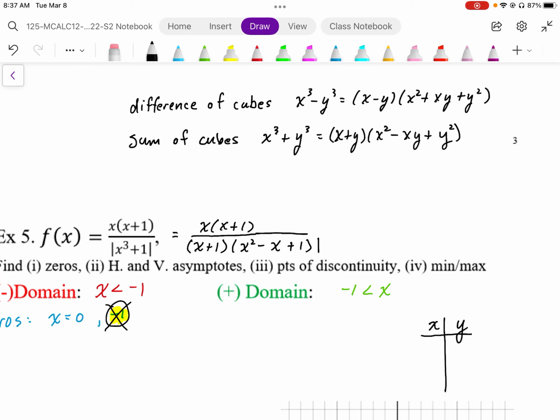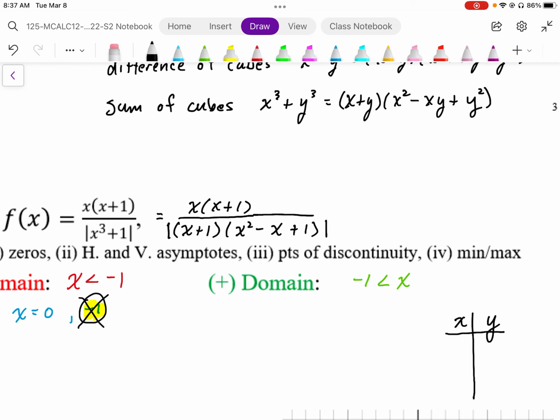So there's our factored form. And we can see that in our factored form, we are going to have those x plus 1's cancel out. So they may not necessarily give us an asymptote. In fact, they probably won't give us an asymptote, but we really need to know what's going on at that point.